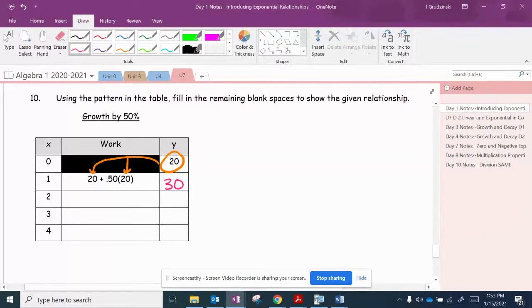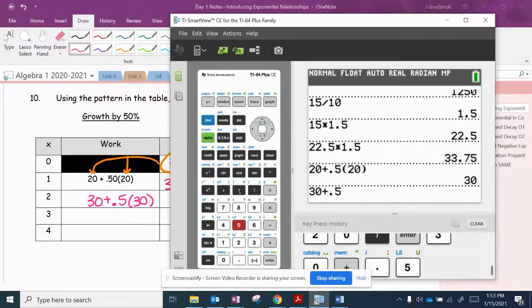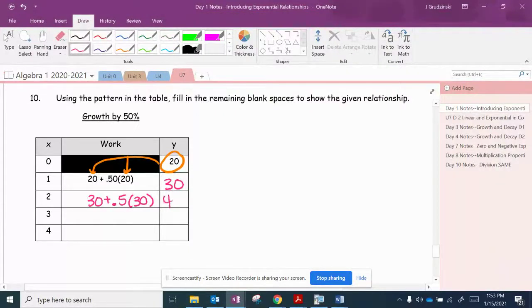So now I'm going to fill it in just like the last one. So here the 20 went first. So now the 30 is going to go first. And then the 30 also goes in the parentheses. So 30 plus 0.5 times 30 gives me 45. So now the 45 goes first, and it goes in parentheses.